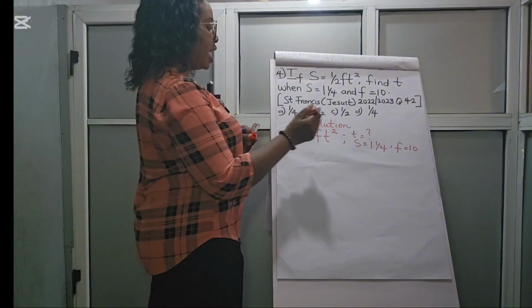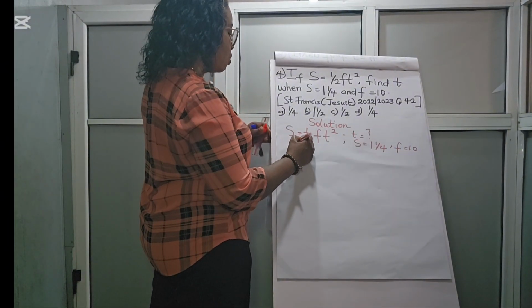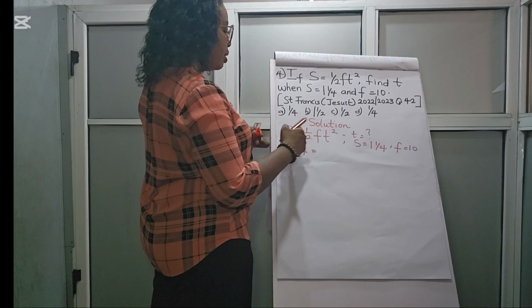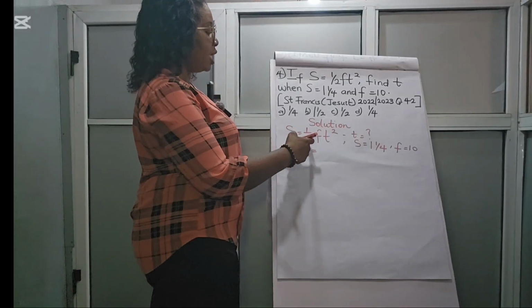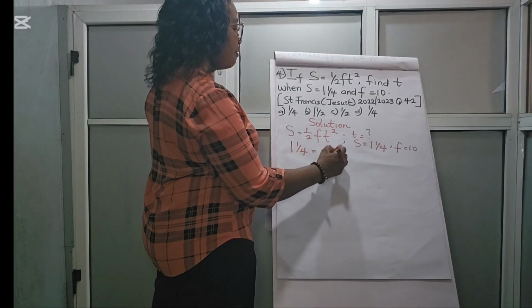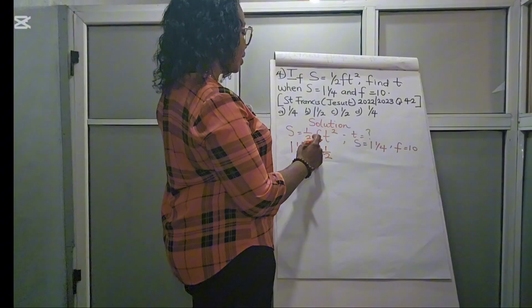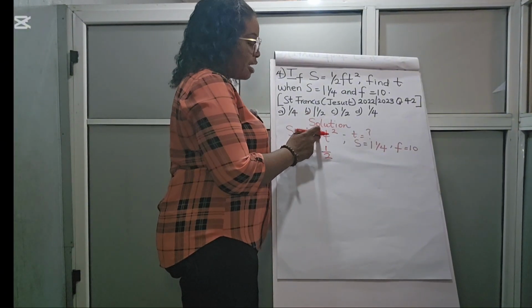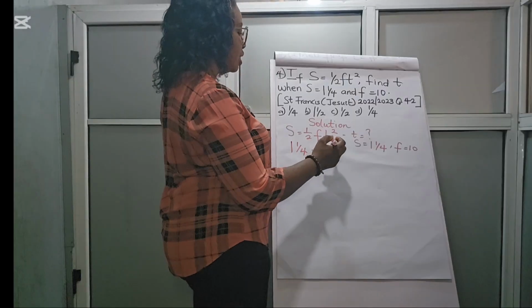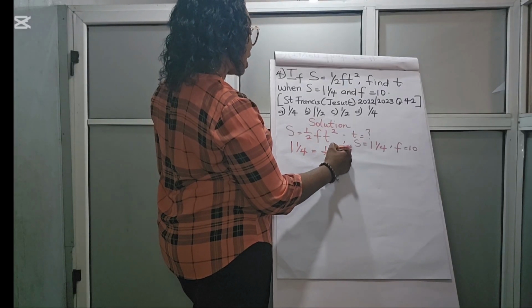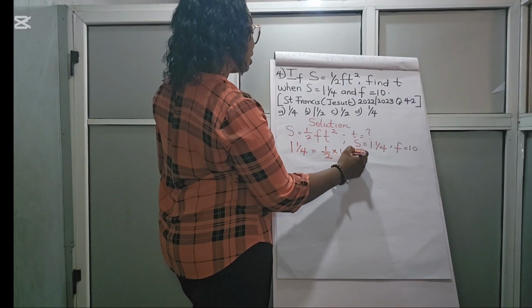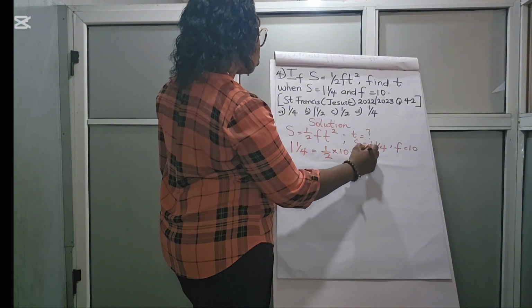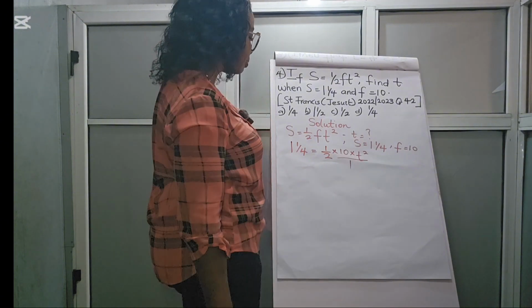So in place of S, we're going to be writing 1 whole number 1 over 4. That's it. Equal to half, and F is 10. This means half times F times T squared. So this will be half times 10 times t squared all over 1.